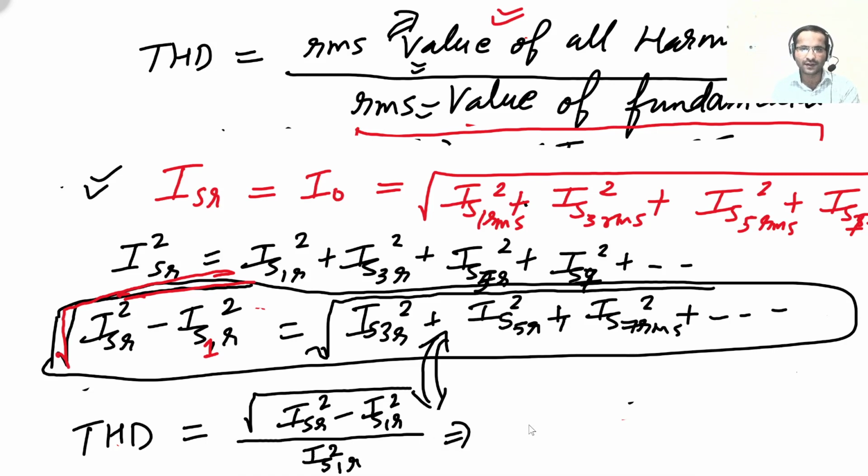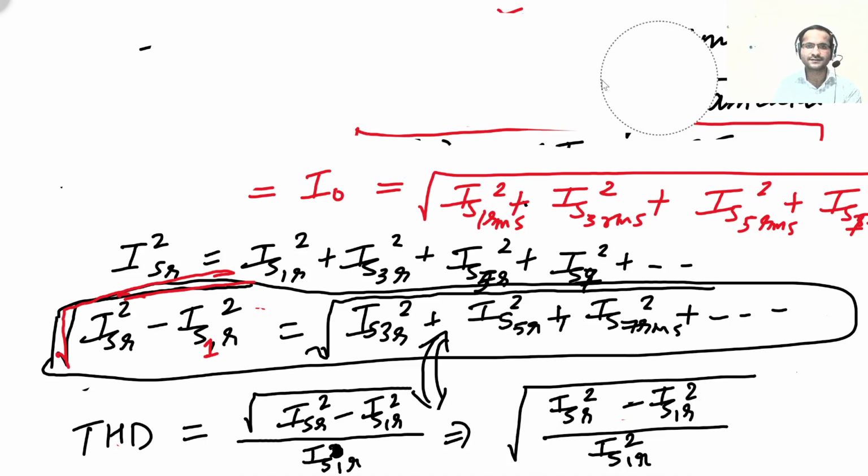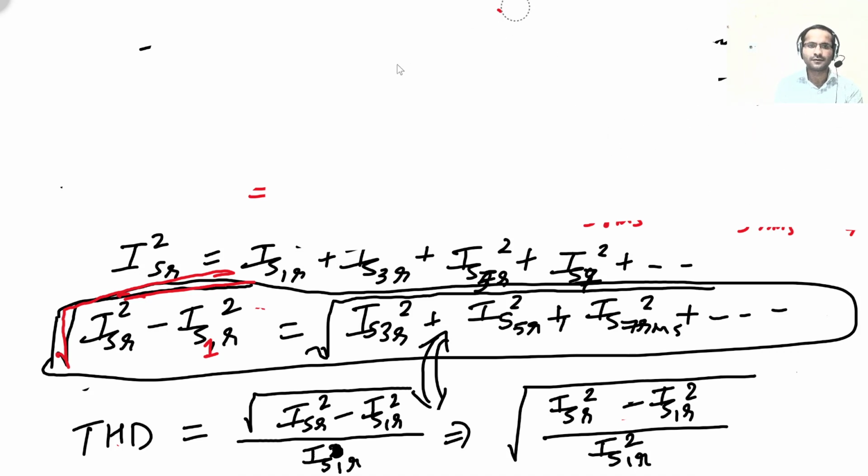If you further modify this, you will get IS total RMS square minus IS1 square, divided by IS1. Further modification of this equation will get us the final value of THD.